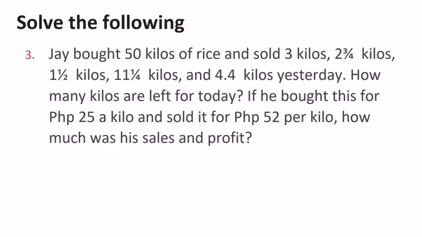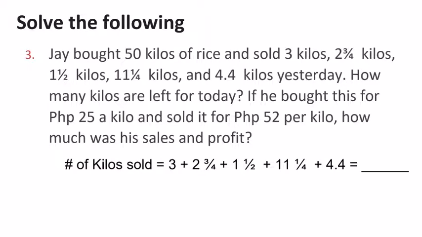Number 3. J bought 50 kilos of rice and sold the following quantities: 3 kilos, 2 and 3/4, 1 and 1/2, 11 and 1/4, and 4.4 kilos yesterday. How many kilos are left for today? To find that, we will subtract these quantities from 50.